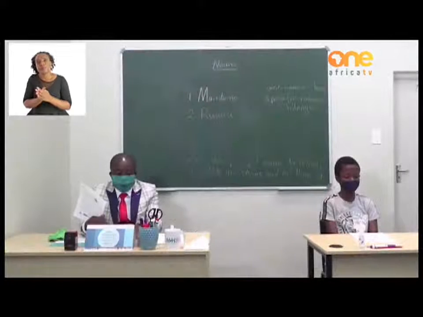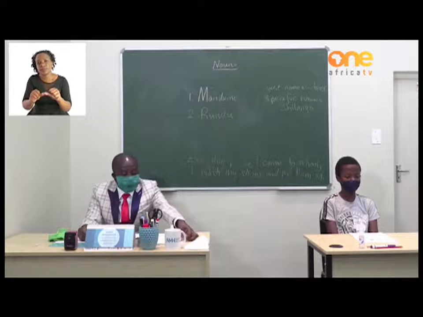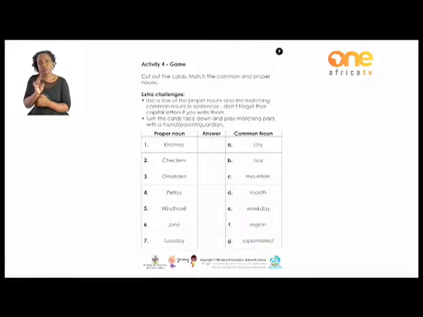Now we move on to page 7, where we have our activity number 4. It says, cut out the cards, match the common and proper nouns. Extra challenge is to note, use a few of the proper nouns and the matching common nouns in sentences.